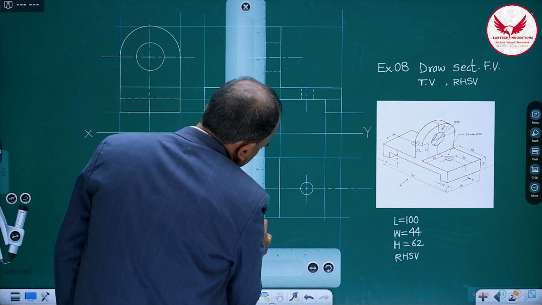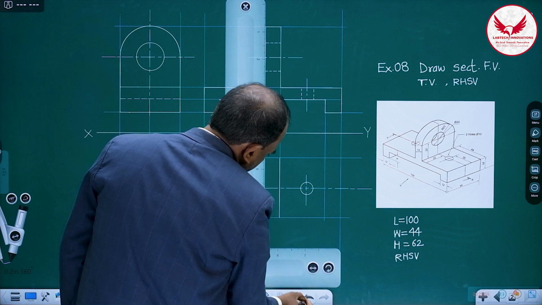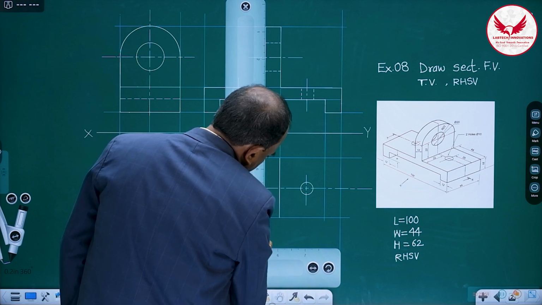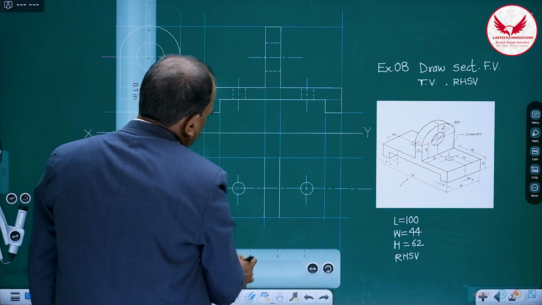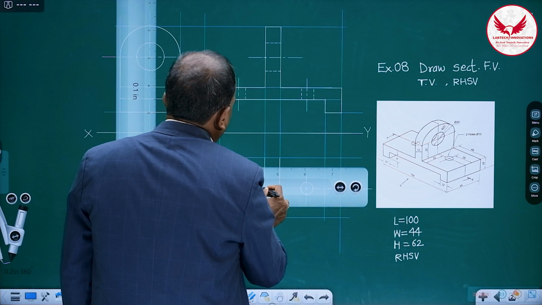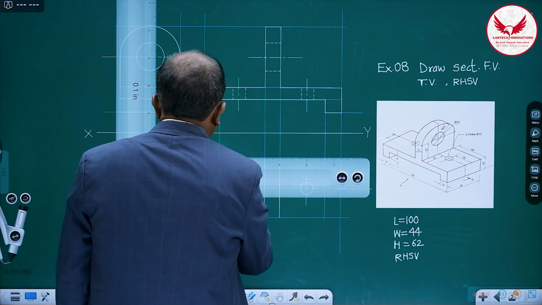It's 12, and once you mark this 12, then on both sides rectangles are there.